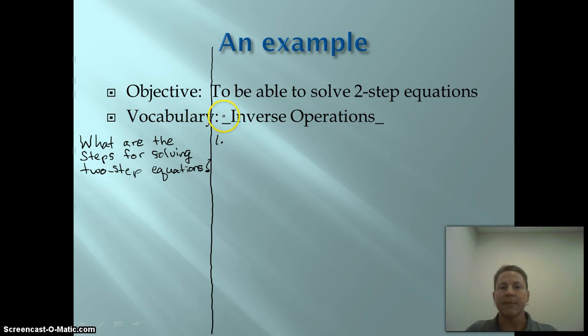I forgot to rank my vocabulary word. So I'm going to pretend like I'm a student and not a teacher. I think I remember inverse operations from Algebra 1, and I'll give it a check mark because I remember the word.